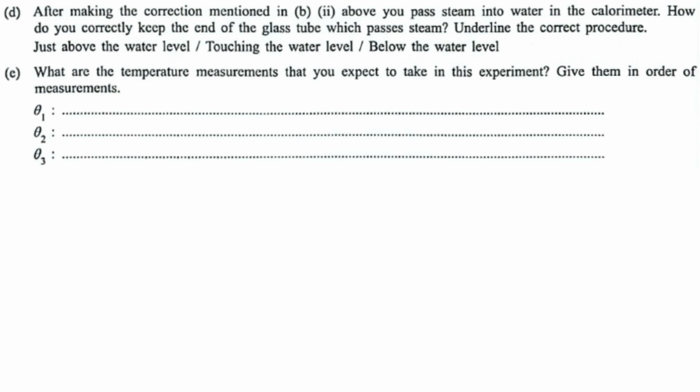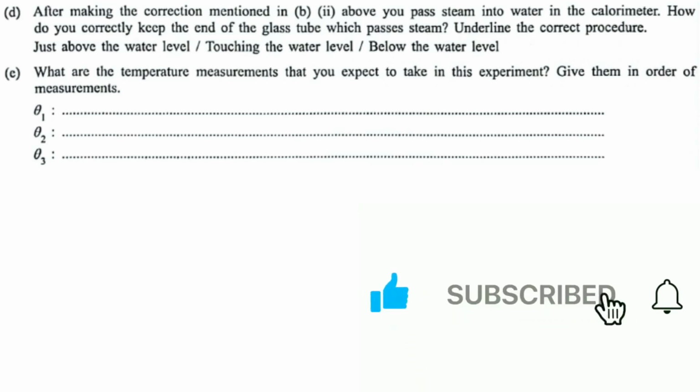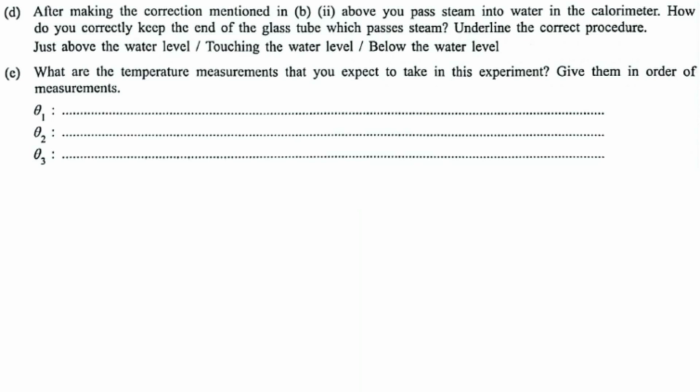Then part D: after making the correction mentioned in part B2 above, you pass the steam into water in the calorimeter. How do you correctly keep the end of the glass tube which passes steam? Underline the correct procedure: just above the water level, touching the water level, below the water level.